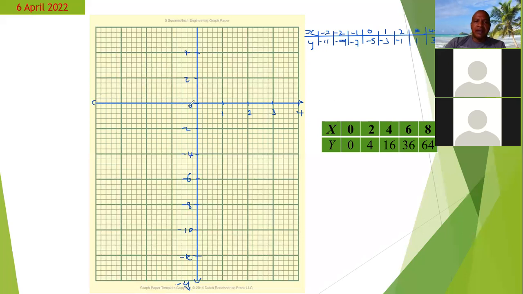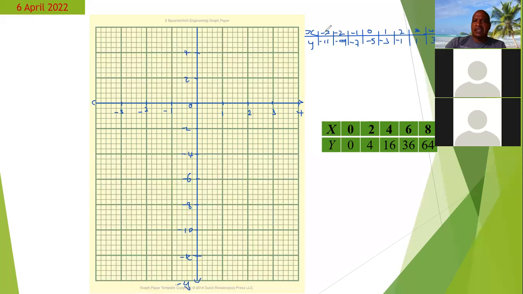To the left side of our x-axis, for this first position we would have -1, then -2, -3.